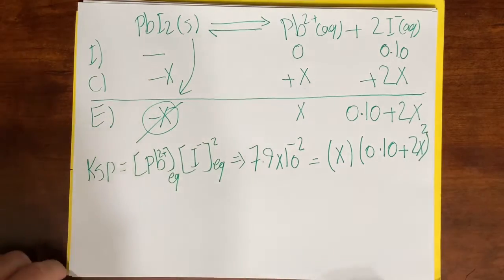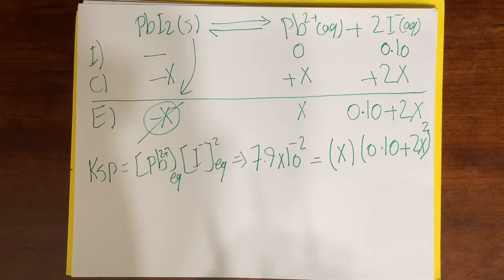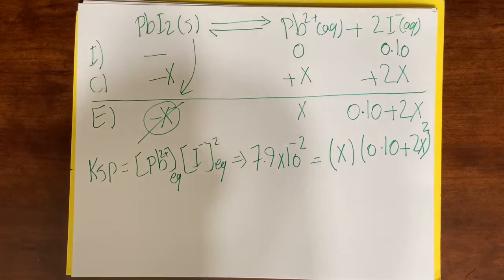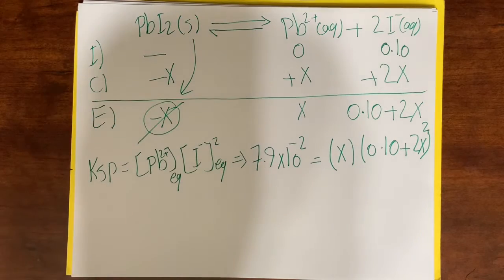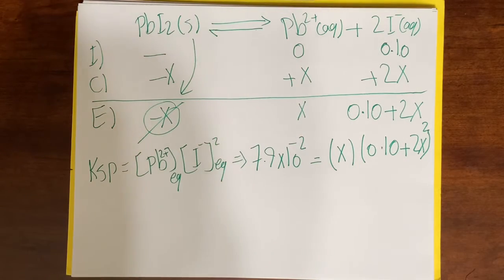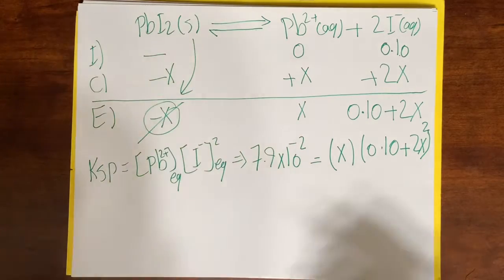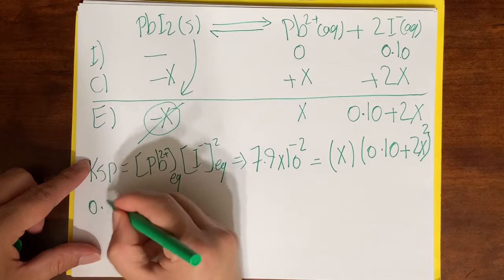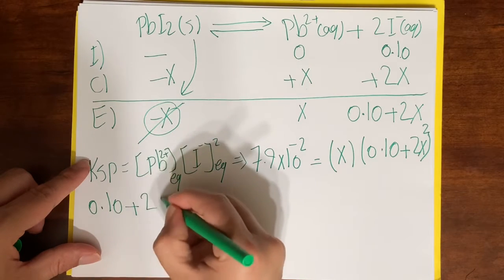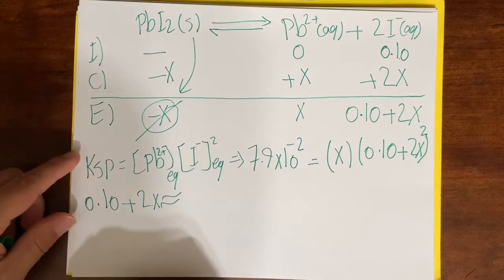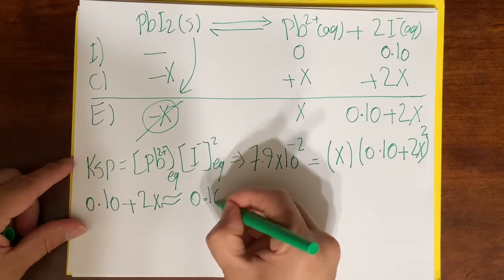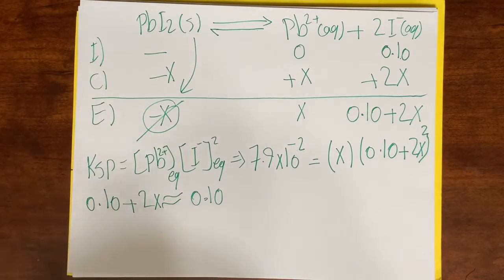Now I can make one assumption and go forward, or do it through a quadratic equation, or in this case actually a cubic equation, and use your calculator to get the answer. So I'm going to assume 0.10 plus 2X is almost 0.10.